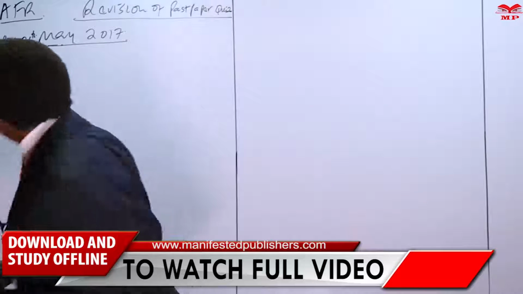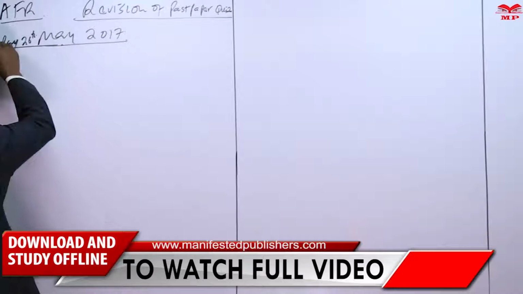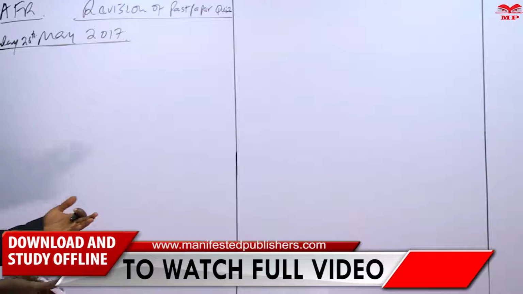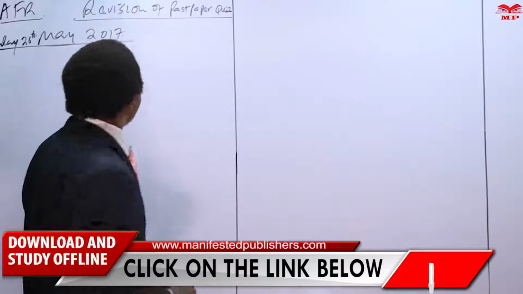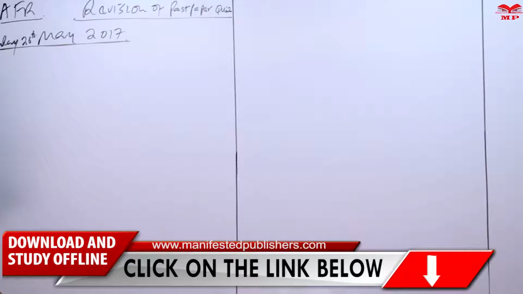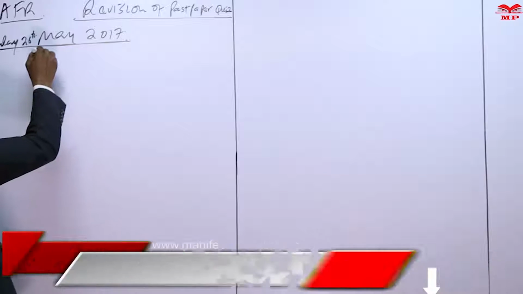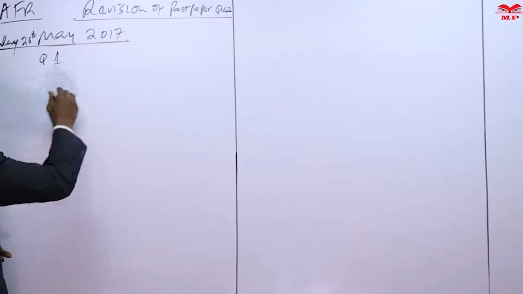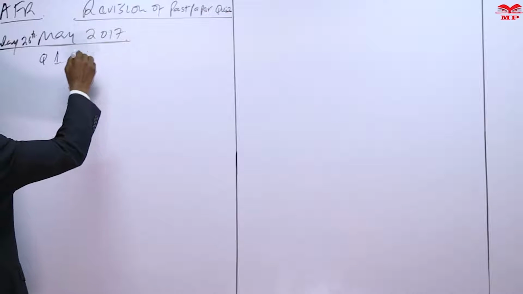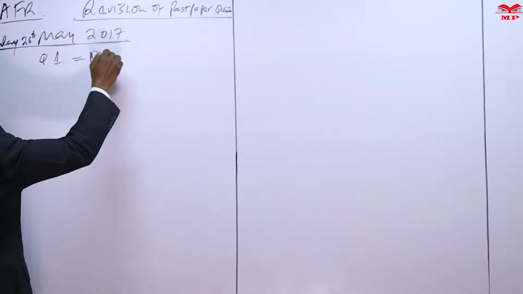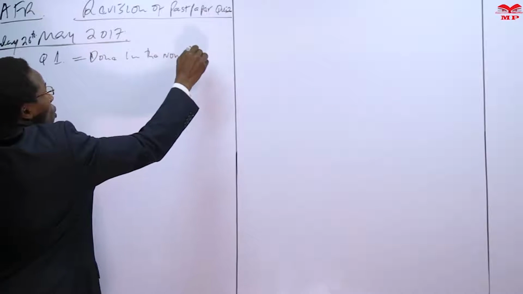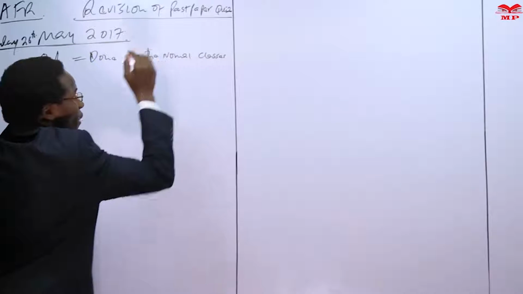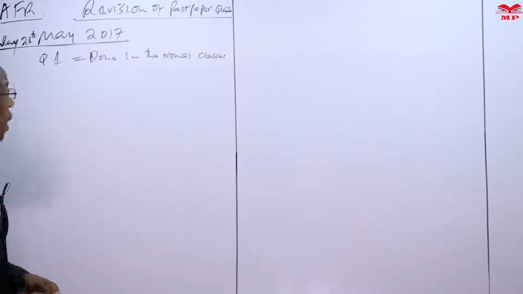Still on the business of advanced financial reporting, just before the break, we were looking at the Friday, 26 May 2017 question, and that's the revision. We have already done question one in the normal classes, as we were doing group accounts.